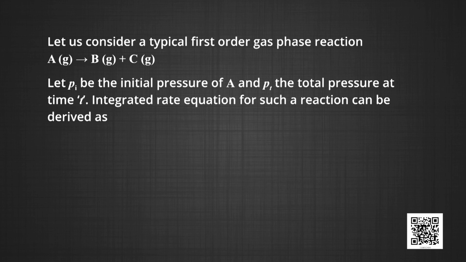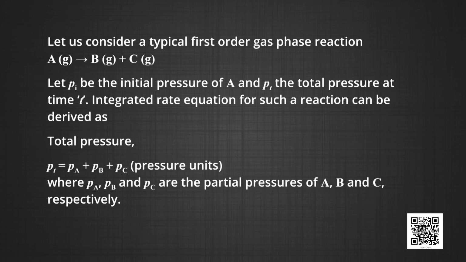Now, the integrated rate equation for such a reaction can be derived as follows. The total pressure Pt will be equal to Pa plus Pb plus Pc, where Pa, Pb and Pc are the partial pressures of A, B and C respectively.